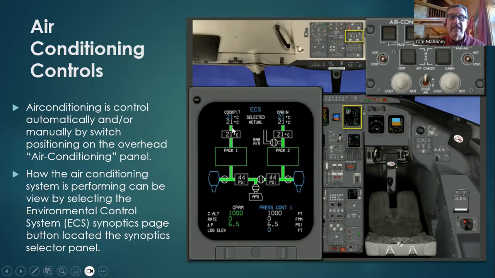And as we can see here, the supply side coming up from the manifold is showing also 21 degrees in that duct. So you've got a lot of information there. And then, of course, we've got some more information down here we won't deal with at this point in time.